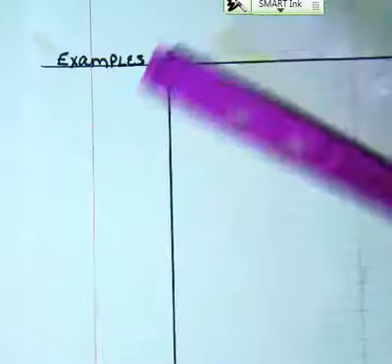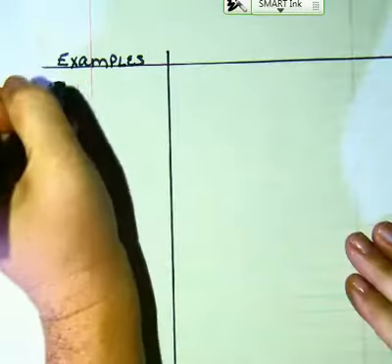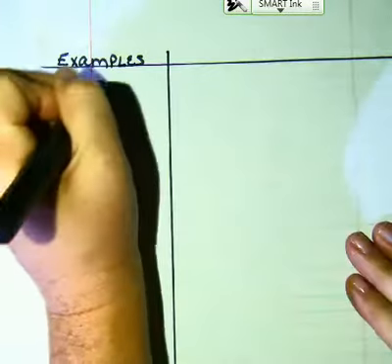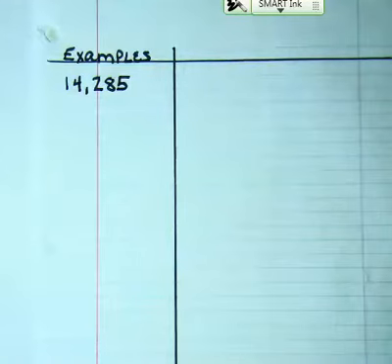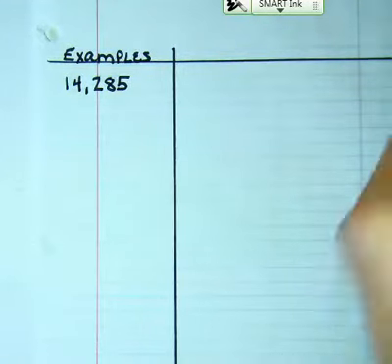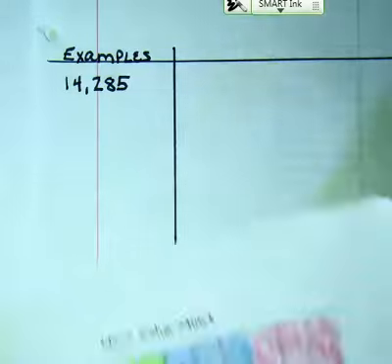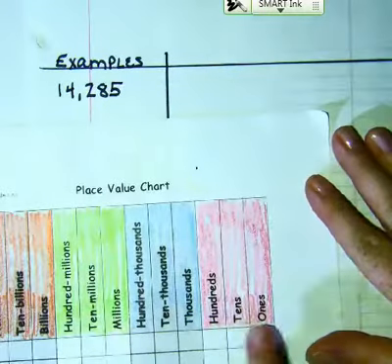Okay, so the first example that we're going to do is 14,285. So what we want to do is take that number and write it in word form. Remember, the first step that we wrote down was to box in each period. So if we compare this number to our chart, the 5, the 8, and the 2 would be right here.